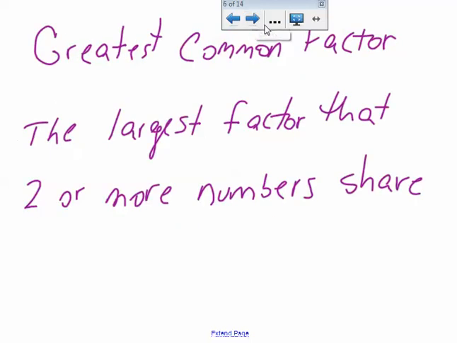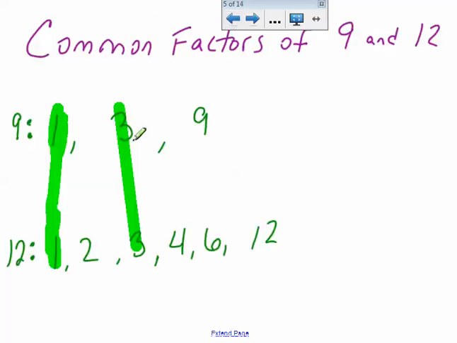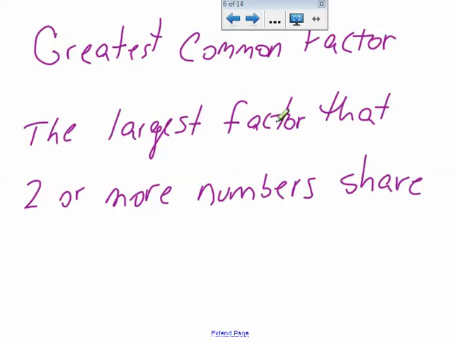Now, that leads us to the greatest common factor. That's the largest of those factors that two or more numbers share. So if we go back to this one, they shared a 1 and they shared a 3. The largest of those is 3. So the greatest common factor of 9 and 12 is 3.